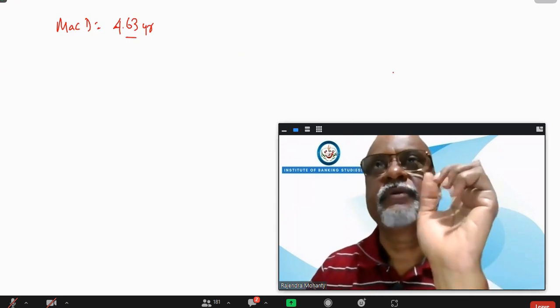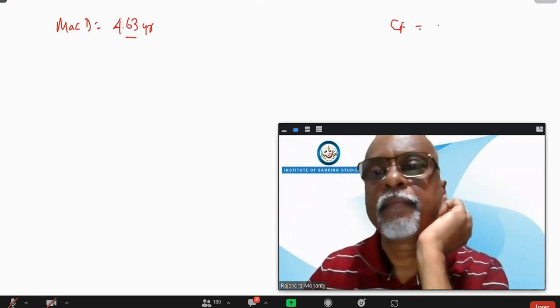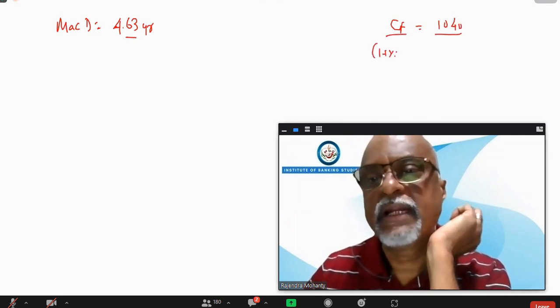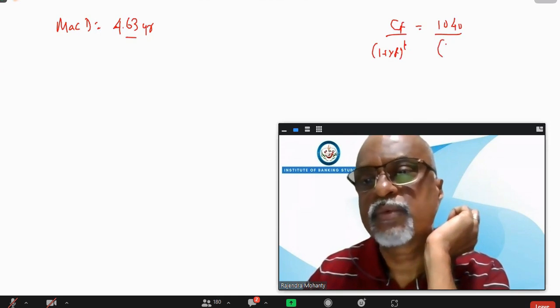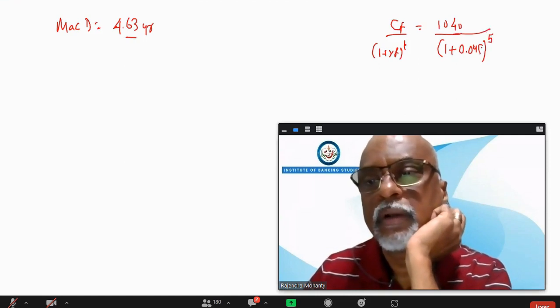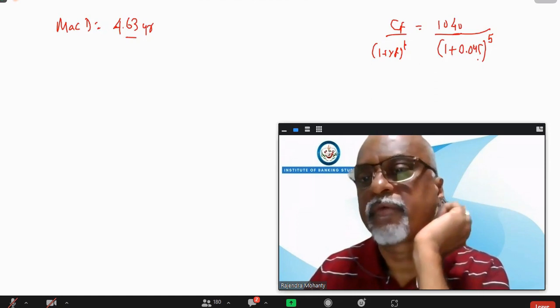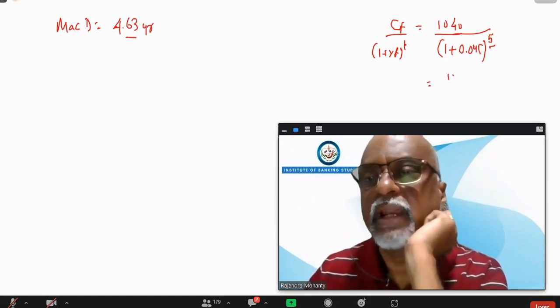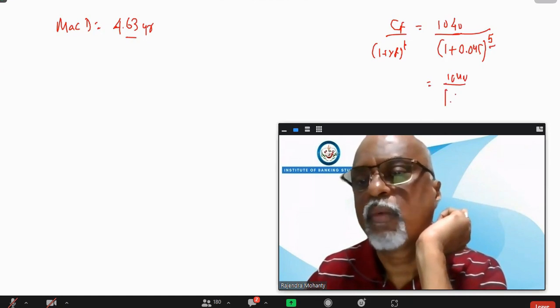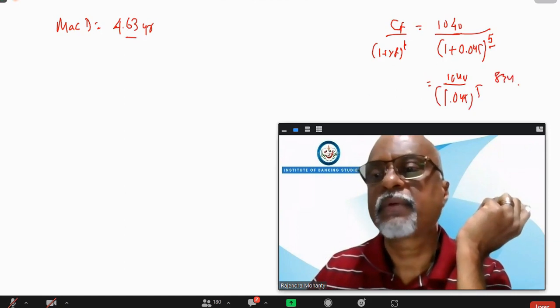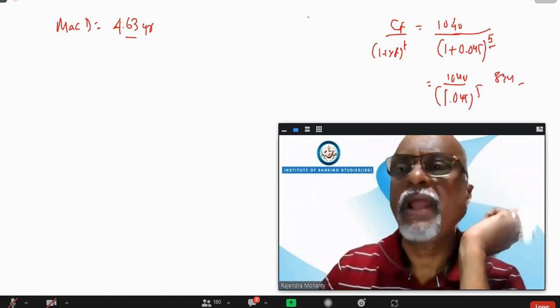What was the cash flow in the 5th year? 1040, sir. 1040 divided by 1 plus yield rate to the power T. So what is 1 plus yield rate? 1.045, to the power 5. Simple thing. So you calculate 1040 divided by 1.045 to the power 5. So you'll get 834, whatever the result was. The formula I have given you.